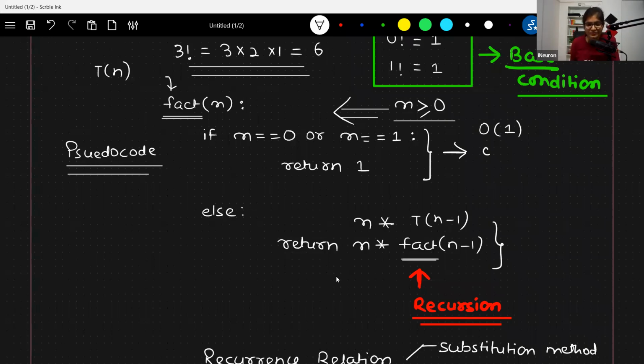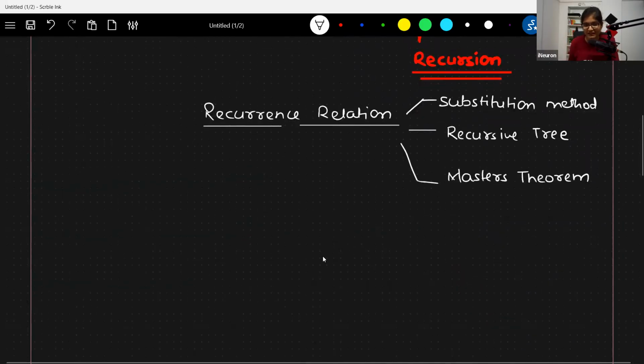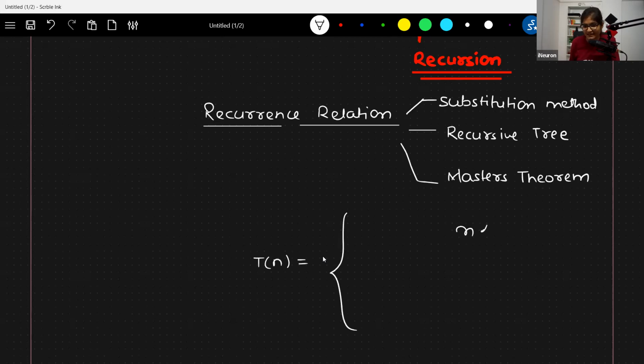So whenever there is some function which is repeating, you write the same term with a different set of parameters. This basically denotes that this is a kind of recursion that we have. Now, the recurrence relation for the above code will be: T of n equals a constant C when the value of n is less than or equal to 1, considering that the n value will always be greater than or equal to 0.